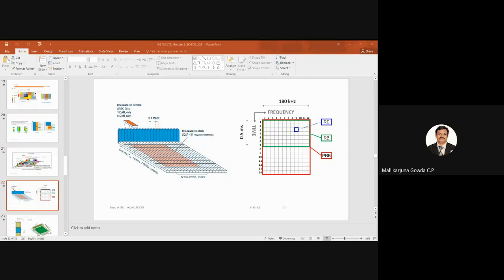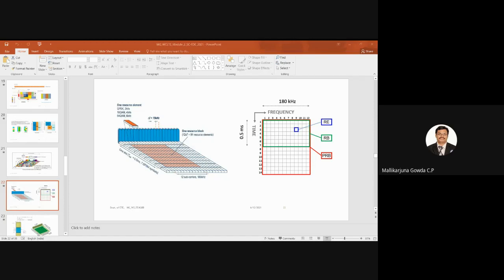So I said 2 slots will be equal to 1 subframe, and slot duration will be equal to 0.5 milliseconds with 7 OFDM symbols. And see, the number of bits conveyed with each resource element will be different. That depends on what type of modulation we use. If I use QPSK, it will be 2 bits. If I use 16 QAM, it will be 4 bits.